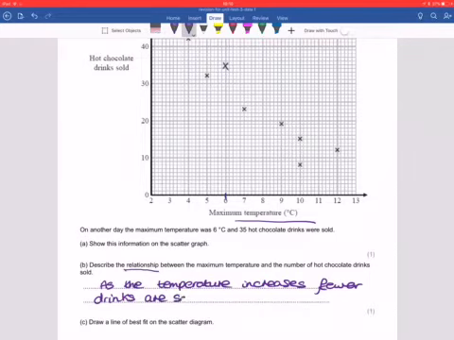And then you could put in brackets negative correlation. But it wanted a description. It wanted you to understand what was actually happening, rather than positive or negative.